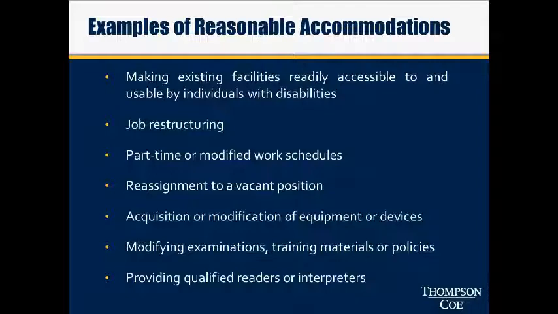Some degree of job restructuring, modifying work schedules, reassigning individuals to vacant positions if there are any, acquiring or modifying equipment or devices, modifying examinations, training materials or policies, and providing qualified readers or interpreters.